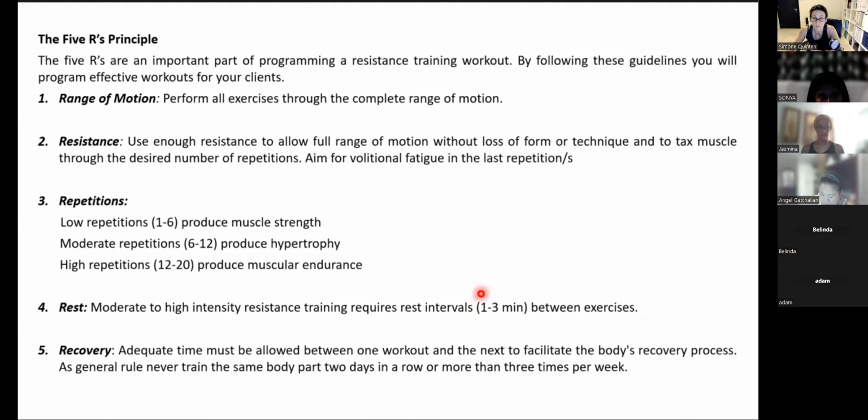When powerlifters do one set, sometimes they need 5 minutes, 10 minutes in between until they can do another set. If they're going for very, very heavy weight and low repetitions, so when they do strength training, let's say up to 1 maximum rep, they need a lot of recovery in between. And we just had recovery here as well.